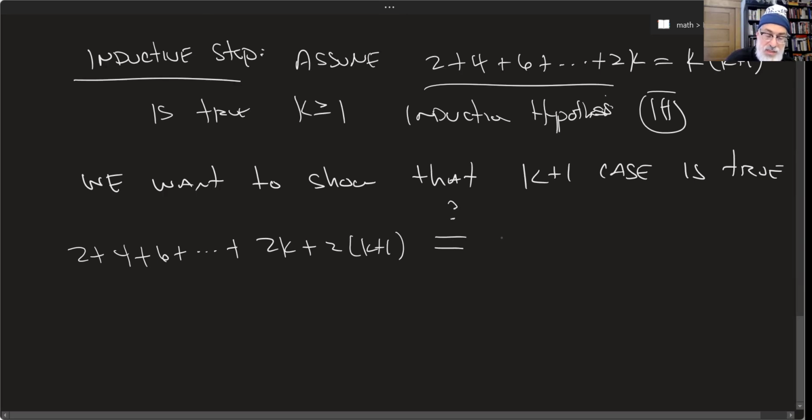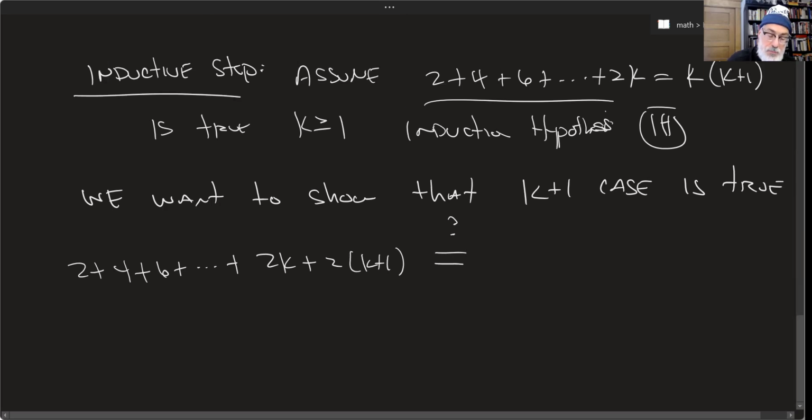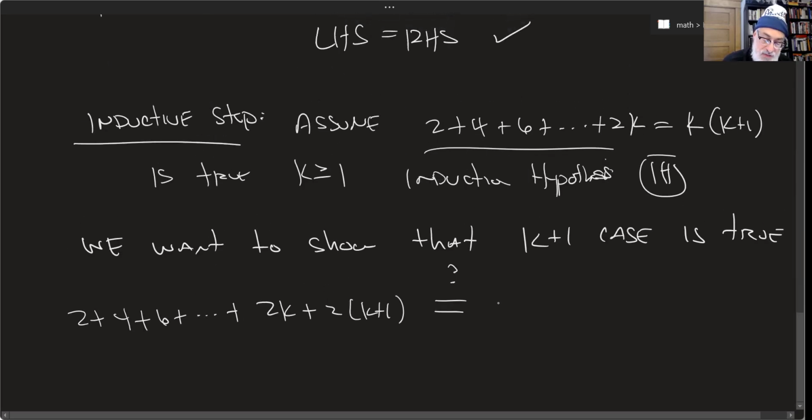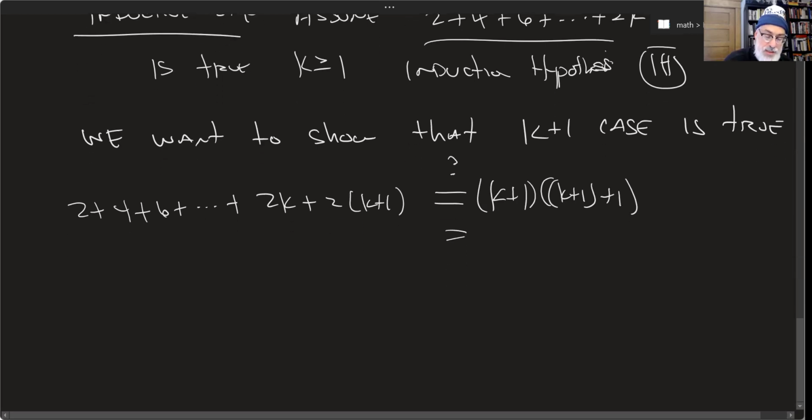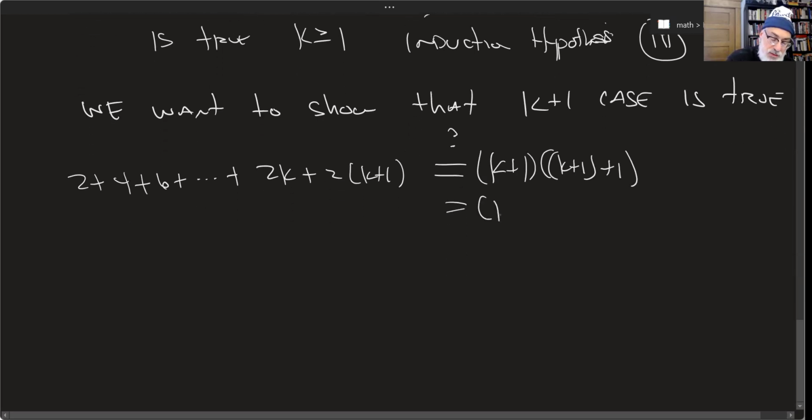So anytime I see a k, I'm going to replace it with a k plus 1. So we have k, so it's k plus 1 times k plus 1 plus 1. Now that right-hand side is ugly, so really it's k plus 1 times k plus 2.